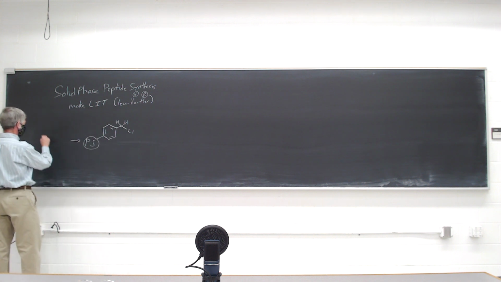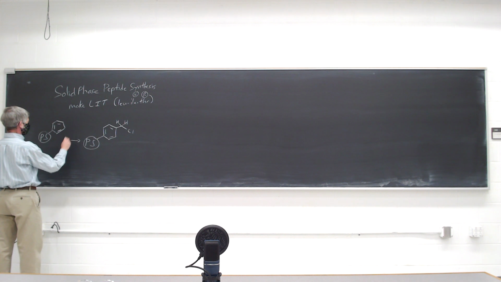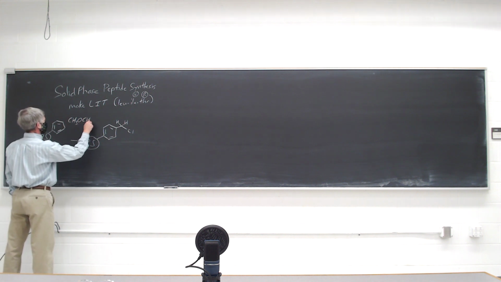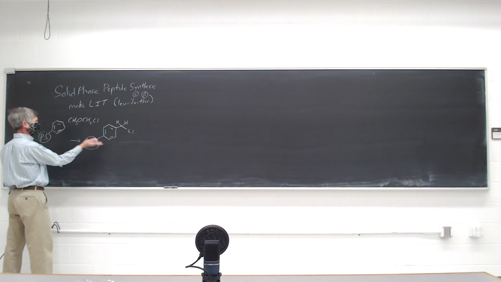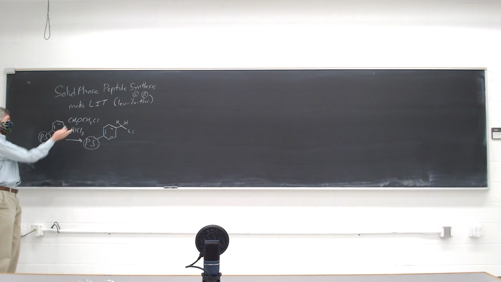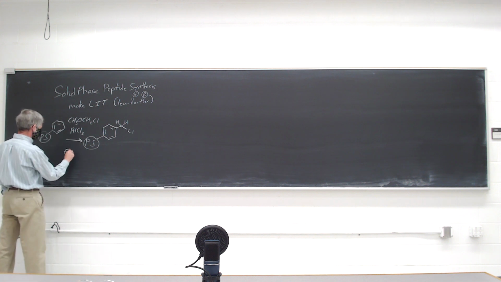So we went from our plain old polystyrene and we chloromethylated this with chloromethyl methyl ether and some Lewis acid. I can't remember if the textbook uses aluminum chloride or stannic chloride, but it doesn't really matter. But chloromethylation, that's a plain old electrophilic aromatic substitution.